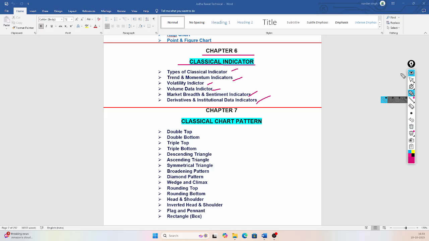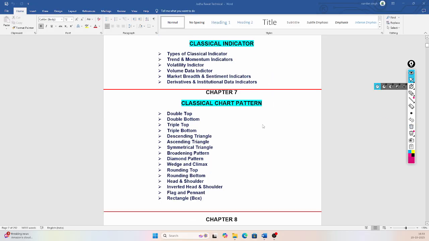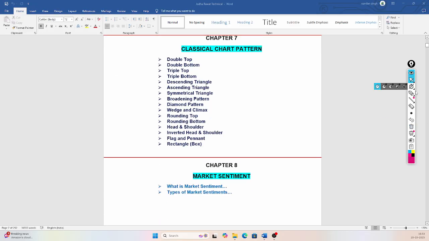Now in chapter number 7, we are going to learn classical chart patterns. It has double top, double bottom. I was confused when I heard double top.